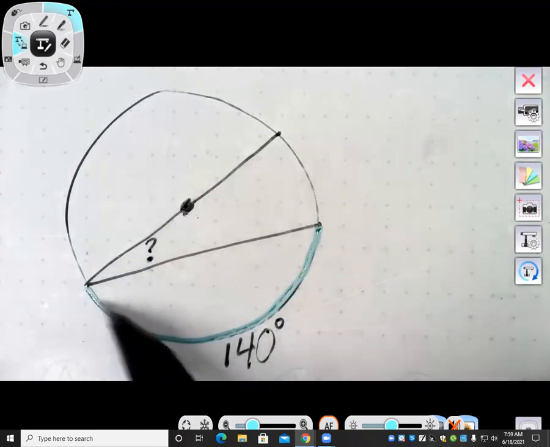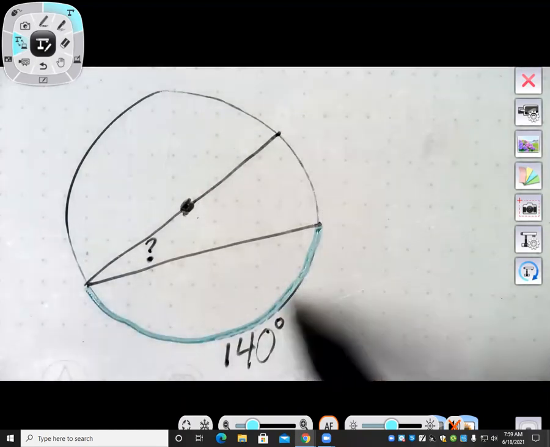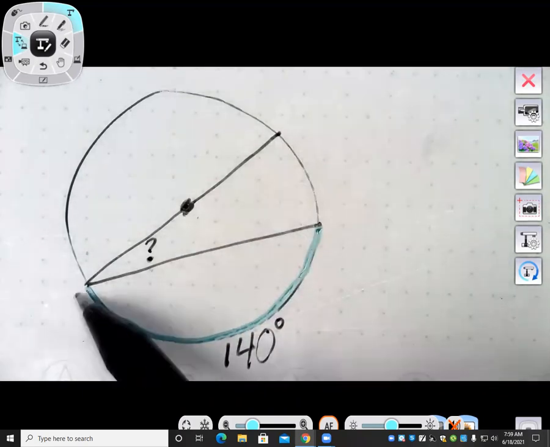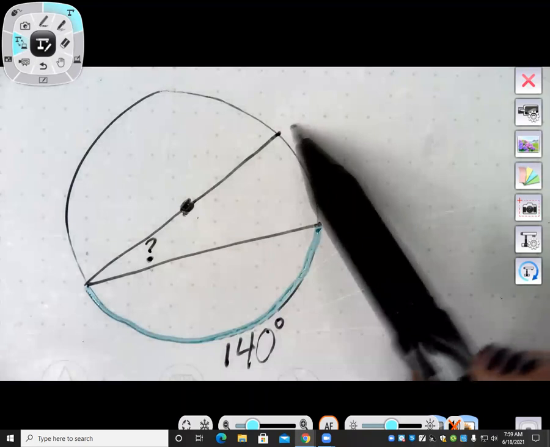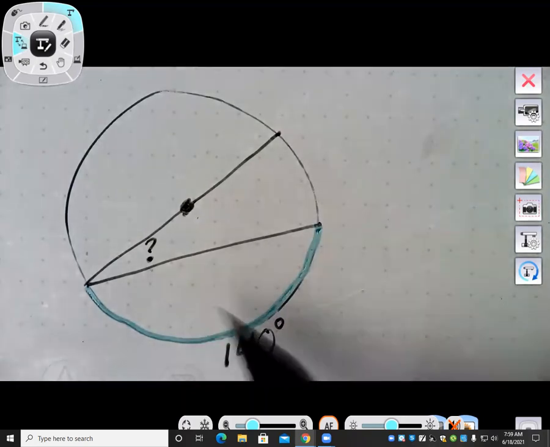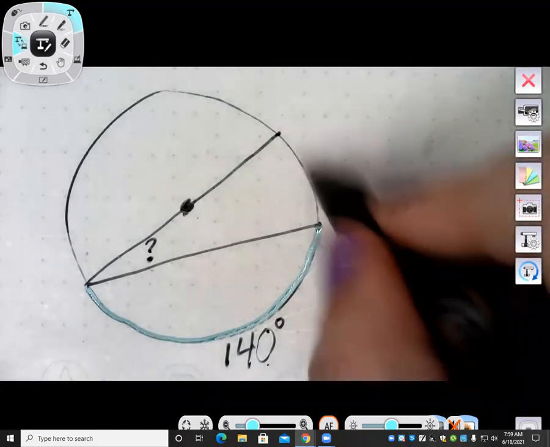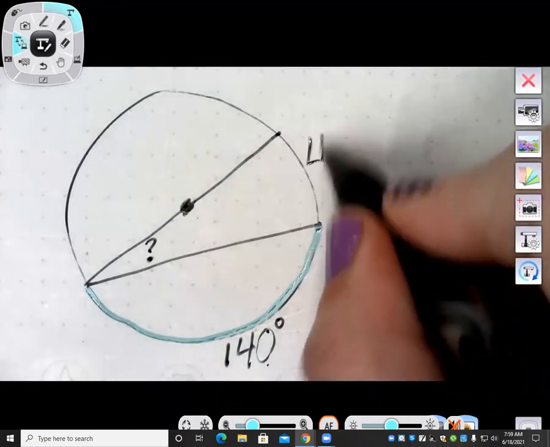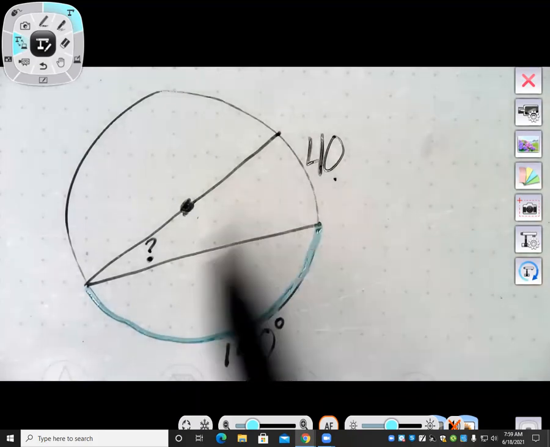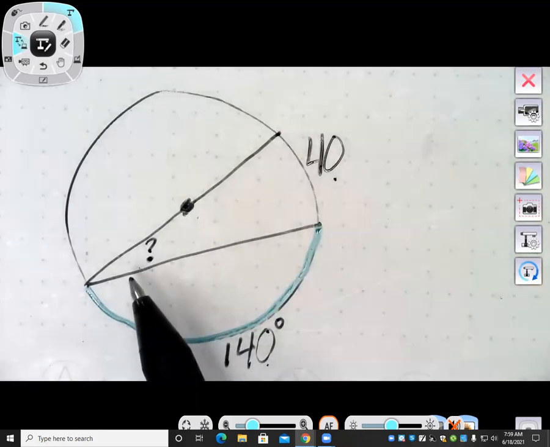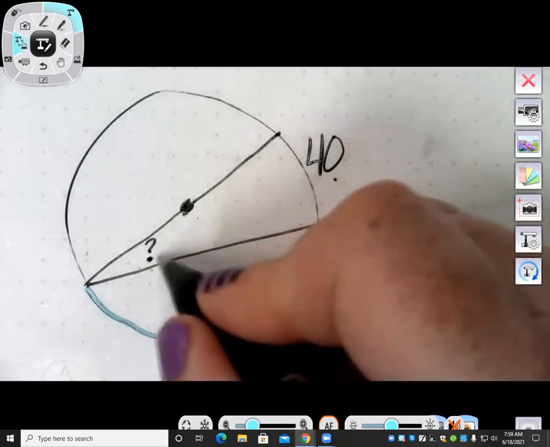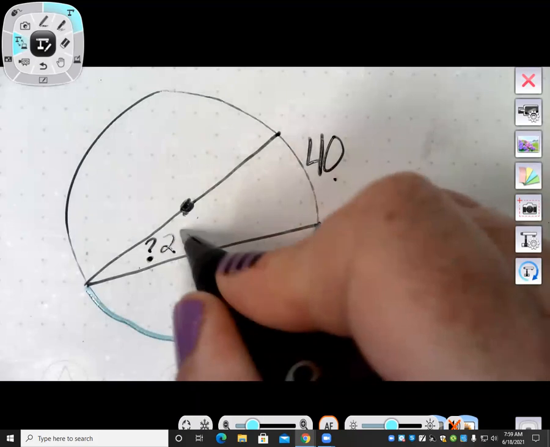So that means that this whole side has to be 180, right? Remember the diameter cuts it into two semicircles? They're each 180. So if that's 140, that means that this little arc here is 40, but I wasn't looking for the measure of that arc. But if I have that arc, now I can find this angle by just taking half. So that angle's got to be 20.